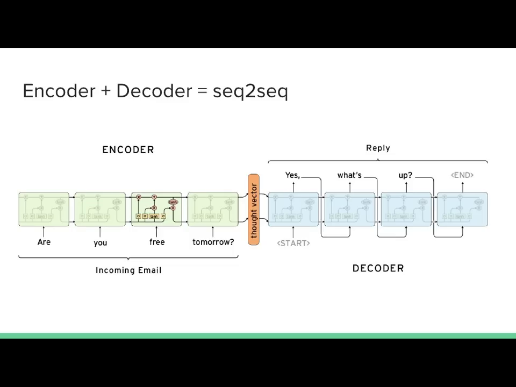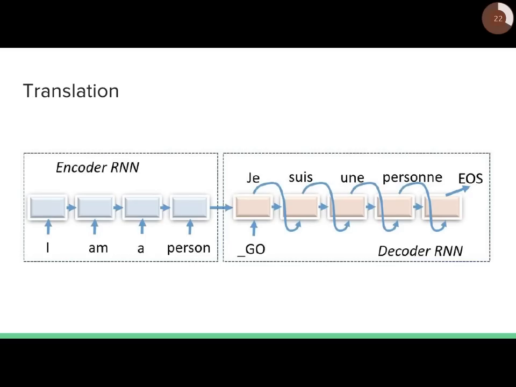So yeah, that can have a lot of useful applications. Sequence here with only a thought vector, but let's see. Yeah, so translation. We train the neural network to learn to read text and output a translation.